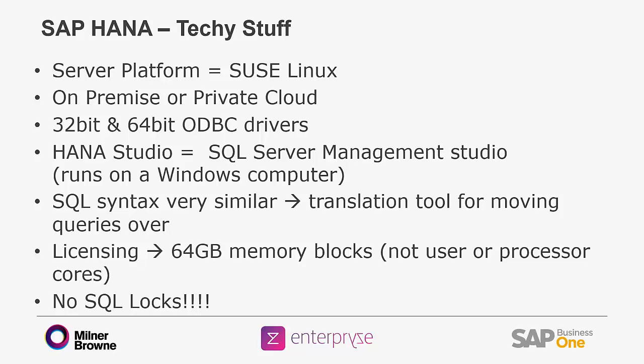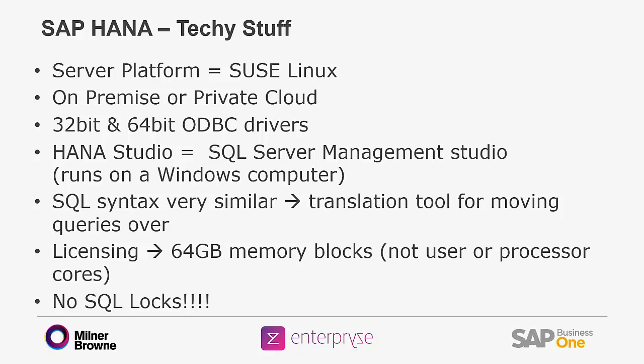Licensing, I think, is much more straightforward on the HANA database platform than it is on the Microsoft platform. You license it by 64 gigabyte memory blocks at a time. Normally a standard system might just need one block of memory.